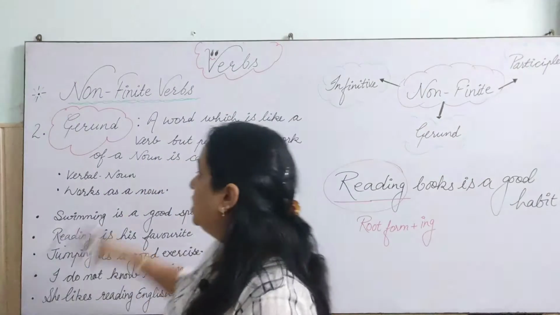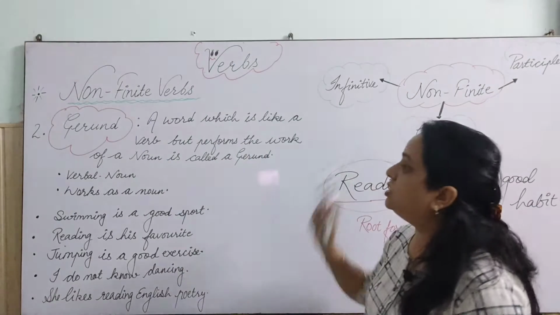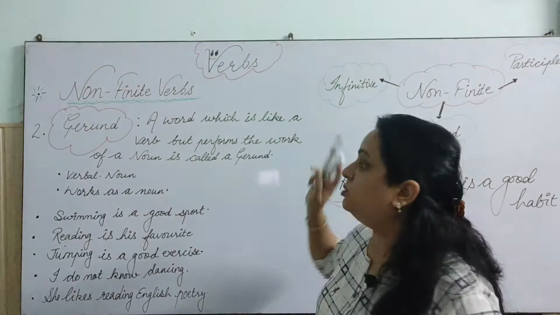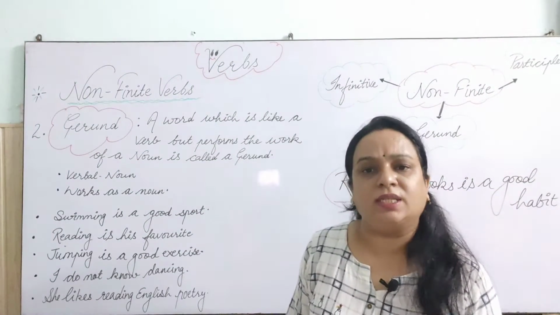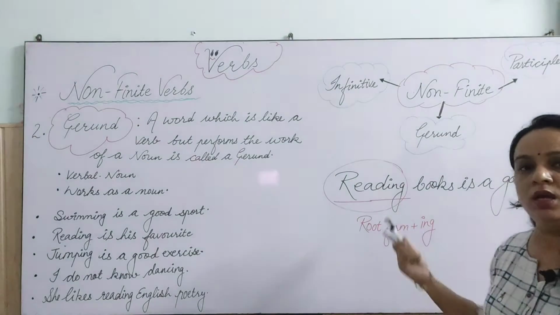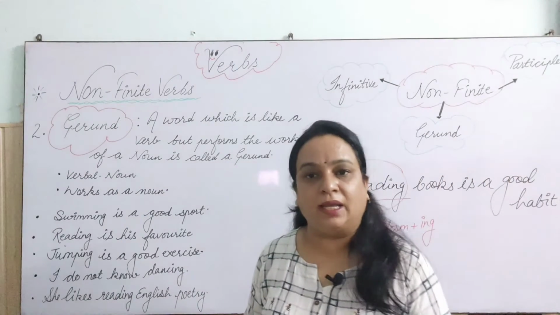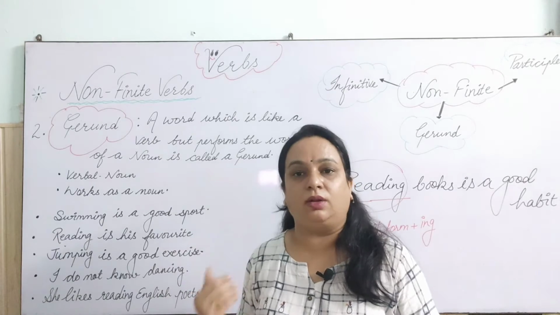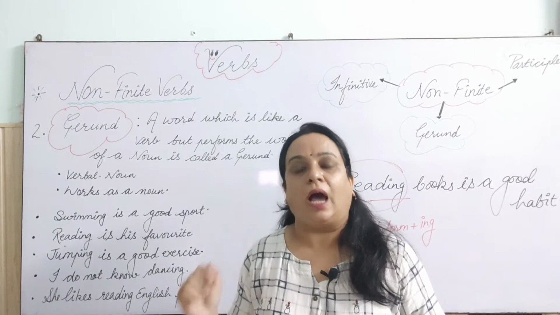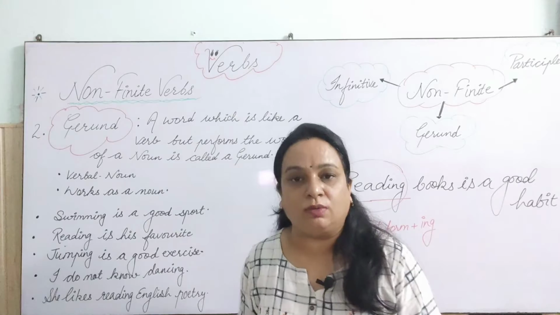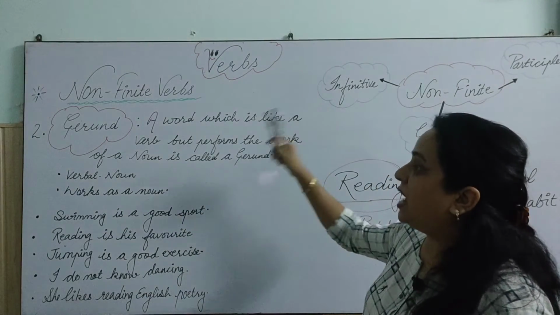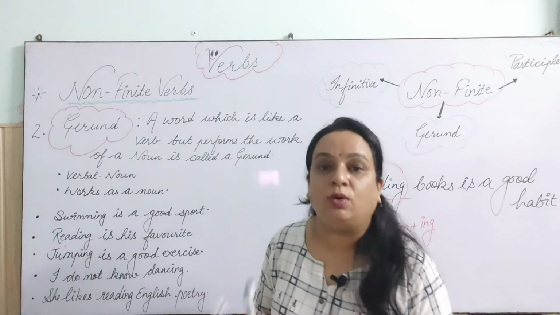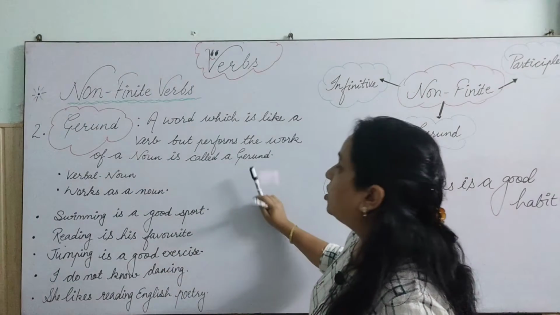So let's understand gerund. It is a word which is like a verb but performs the work of a noun. It seems that because here also reading is what? We know that reading is verb. Okay, ing form, root verb is read, and with that I am using ing, so that will be reading, and that is verb. So it seems, or it is like a verb but performs the action of the noun, right, is called gerund.